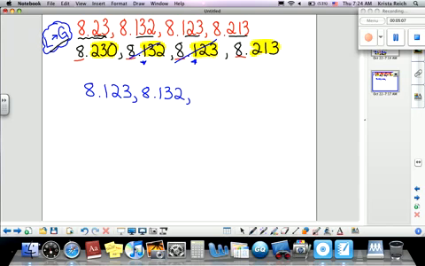Go ahead and cross him off. Then we have the 8 and 213 thousandths. And then last but not least is 8 and 230 thousandths. Okay? And that is how you order decimals.